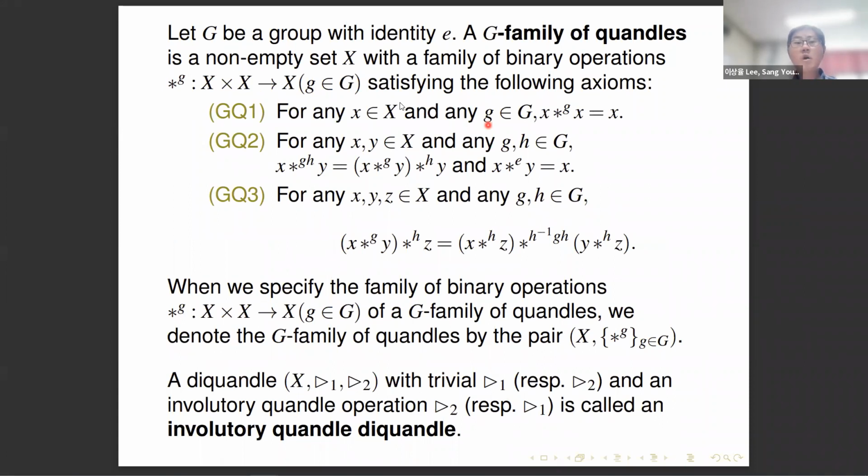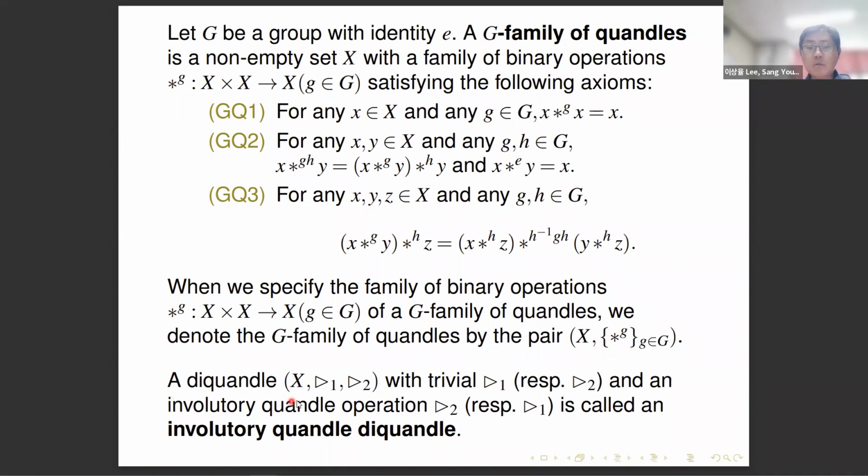A G family of quandles is a non-empty set X with a family of binary operations, denoted by star g, satisfying the following axioms. When we specify the family of binary operations star g of the G family of quandles, we denote the G family of quandles by these pairs.